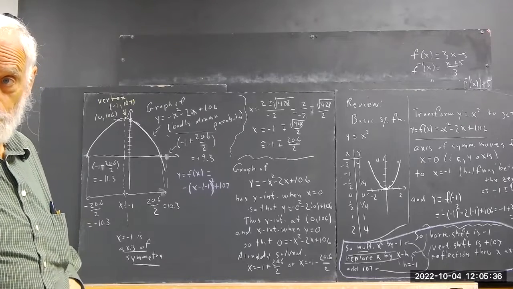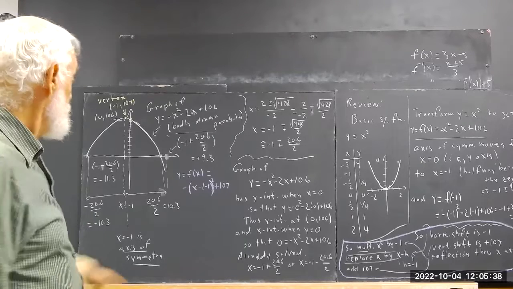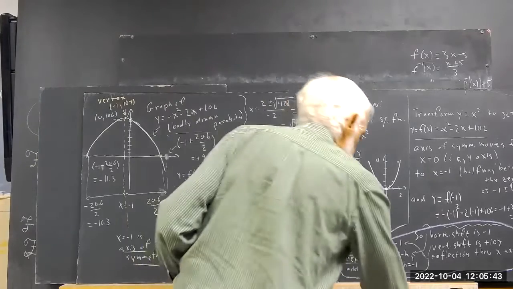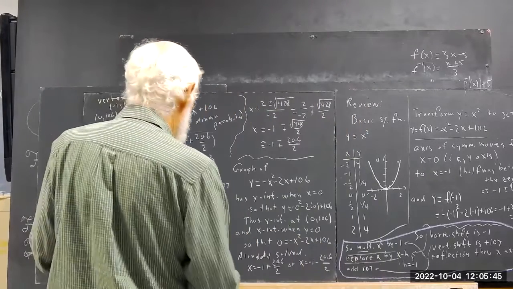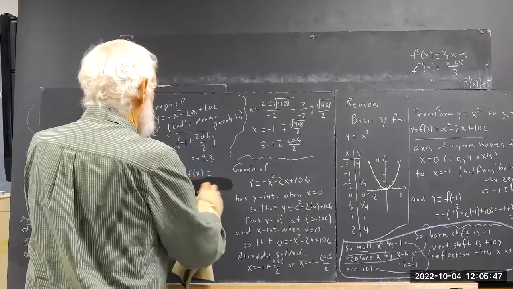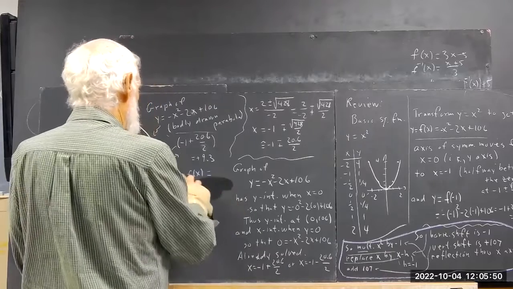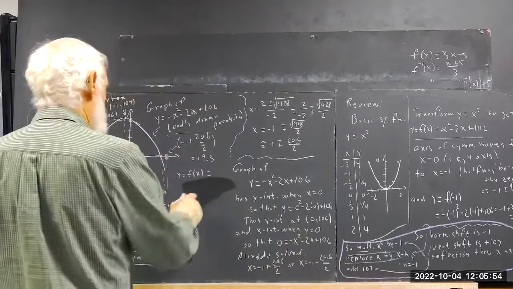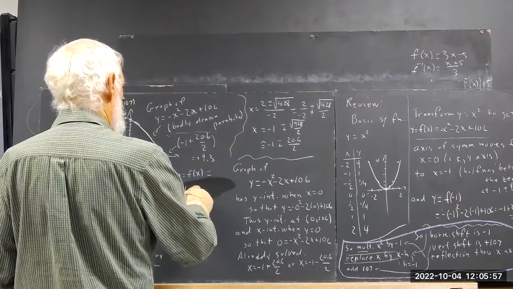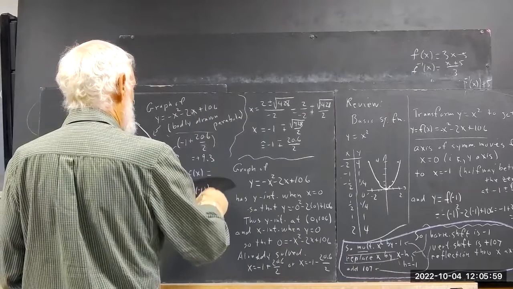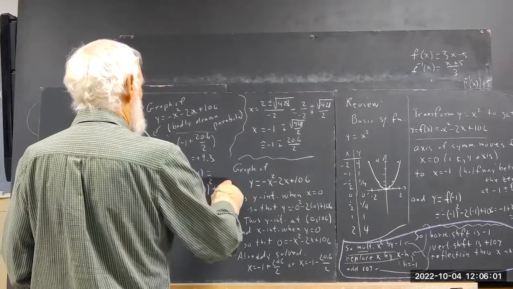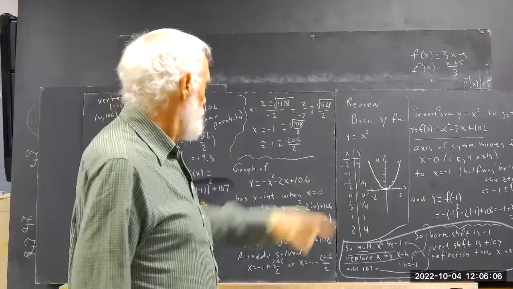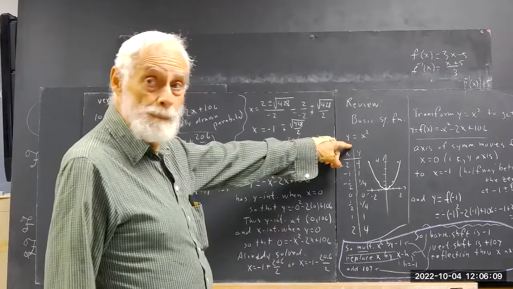Okay. Work that out. Let me write it a little more clearly together. Extra parenthesis in there for you guys being careless. Okay. In other words, we start with x squared.